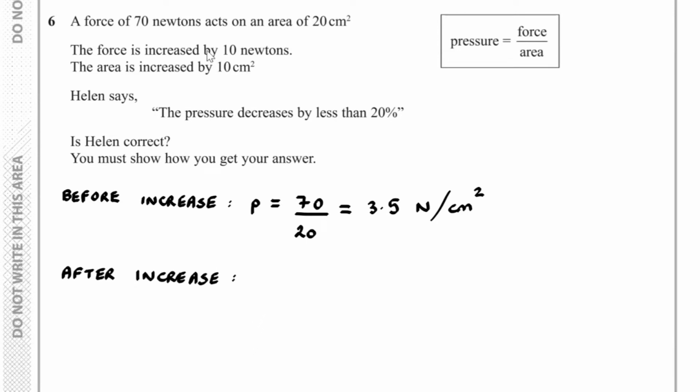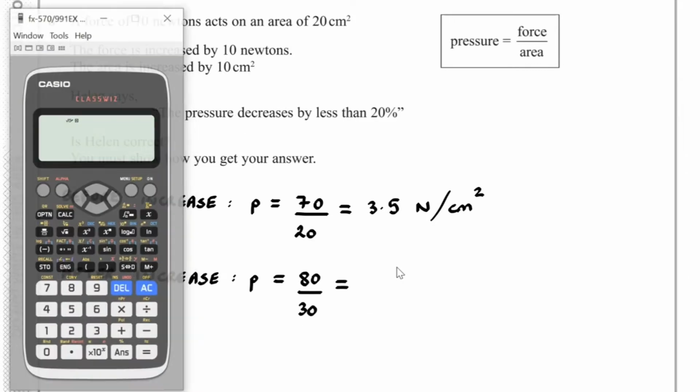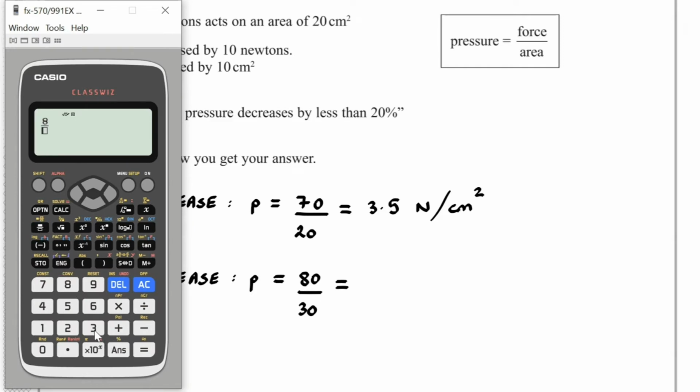After the increase, well, the force is increased by 10 newtons and the area is increased by 10 centimeters squared. So for the pressure, that's equal to 70 plus 10, which is 80, and then the area will be 20 plus 10, which is 30. And if we work out what 8 over 3 is as a decimal, we get 2.66, etc.